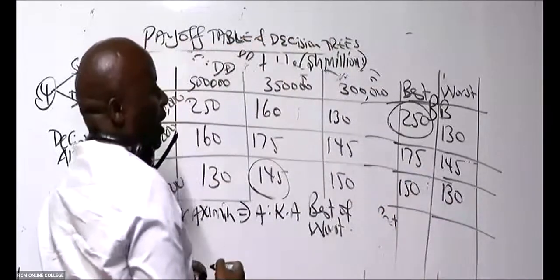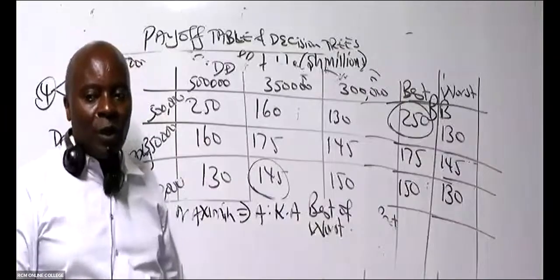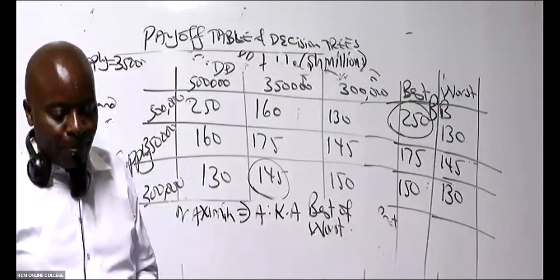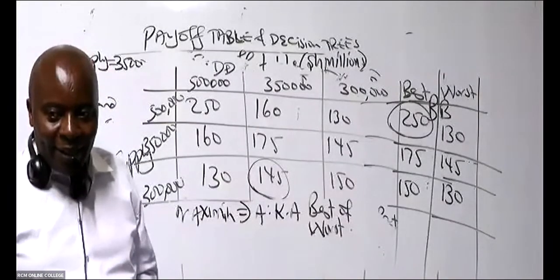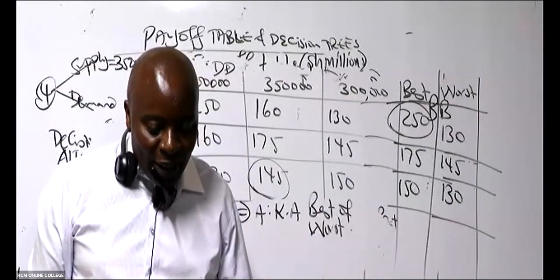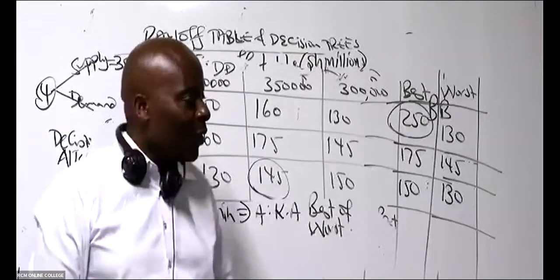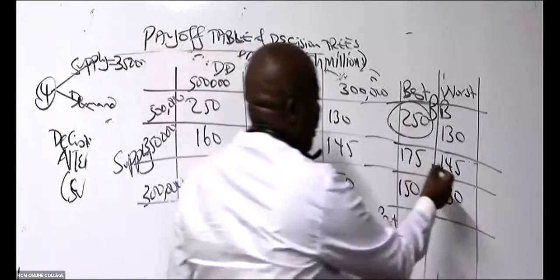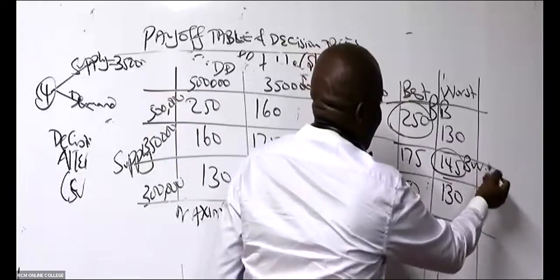So among the three, which one will be the BW, best of the worst? 145. So best of the worst there will be 145. This is what we call BW.